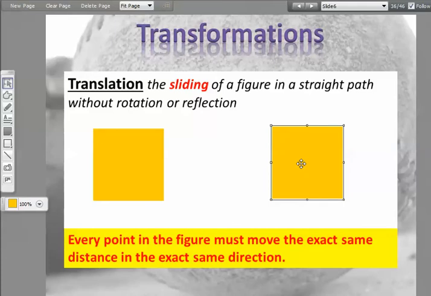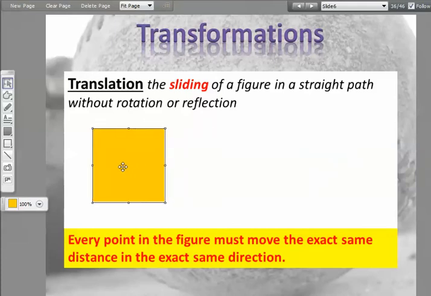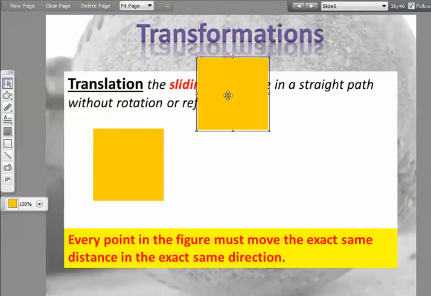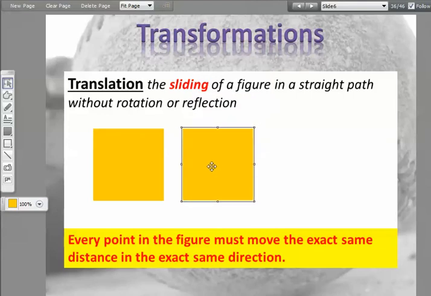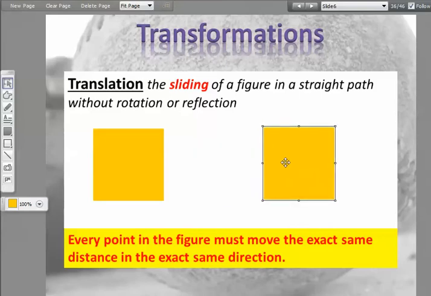That's all a translation is. Even if I move it up like that, that's still a translation. You just don't want to rotate it or reflect it, which with the square is pretty hard to tell, but with other shapes it's going to be really easy to tell what kind of transformation is taking place.